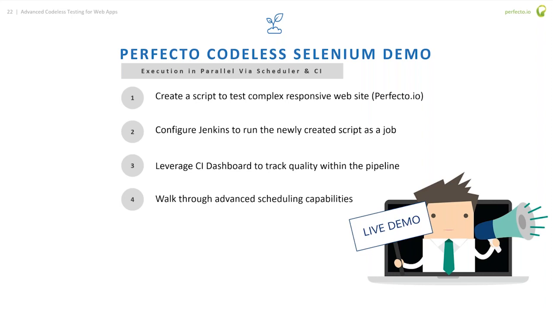It will also show you how you can connect it to different schedulers and CI servers, specifically Jenkins, and also how to look at the CI dashboard and other reporting capabilities that we have to get full quality visibility from your testing. So without further ado, I will turn it over to you, Zvika. Thank you, Eran, to show us how it works live. Perfect. All right.